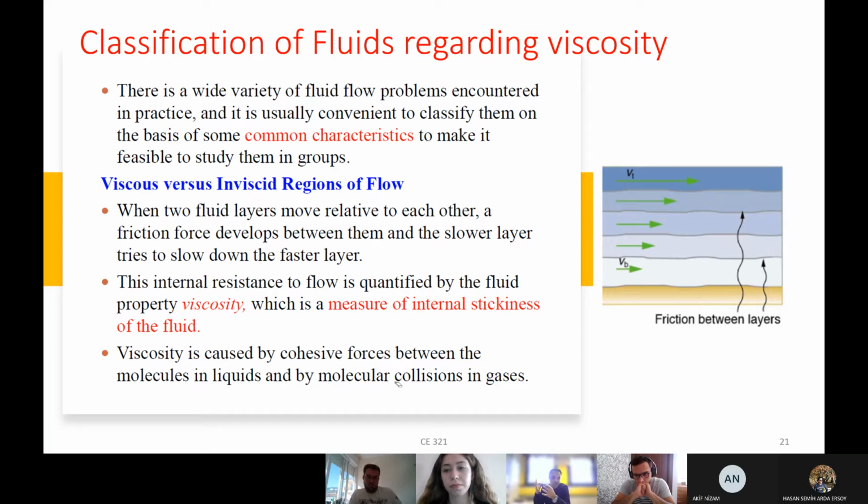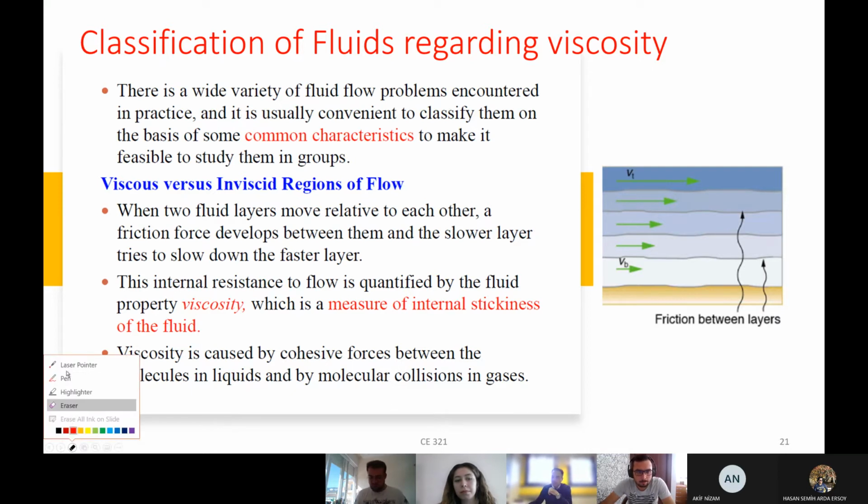I will provide several classifications of fluid flows and fluids based on different features or common characteristics. One of them is viscosity. If the threshold is viscosity, or mu, we can divide liquids into viscous and inviscid regions.